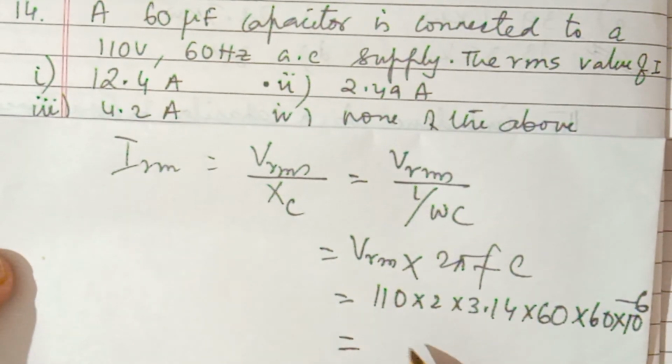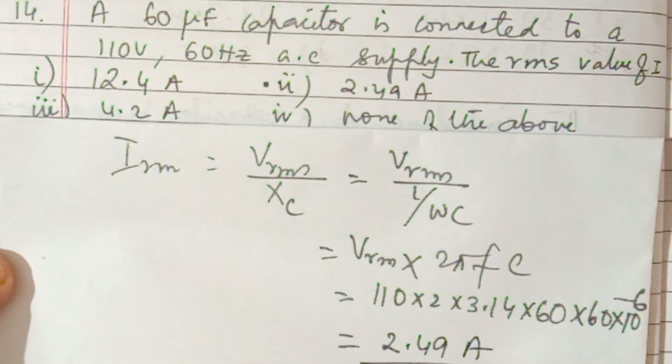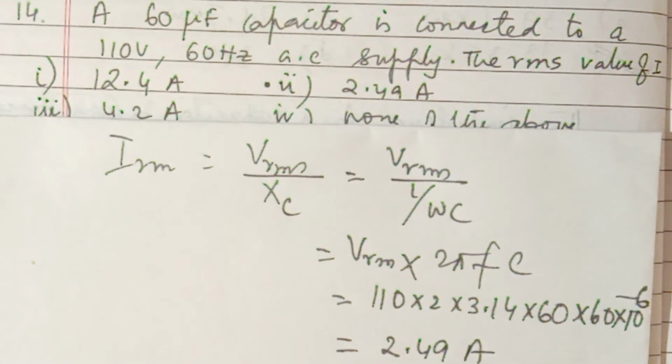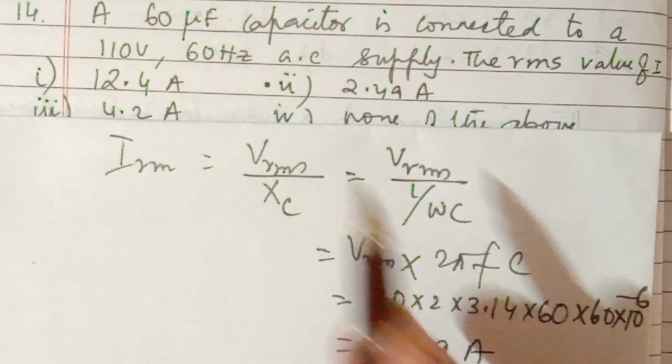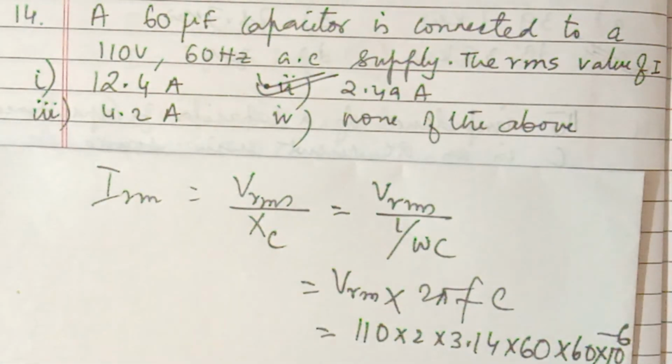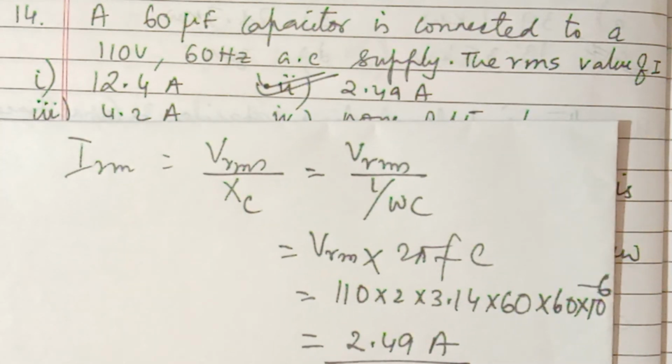Then solving all, we will get 2.49 ampere. Okay, so that's why this option is correct. Here you can also find XC first separately, then you can divide. That also you can do.